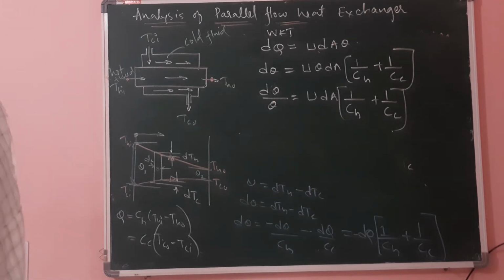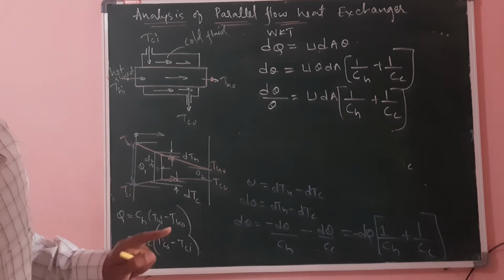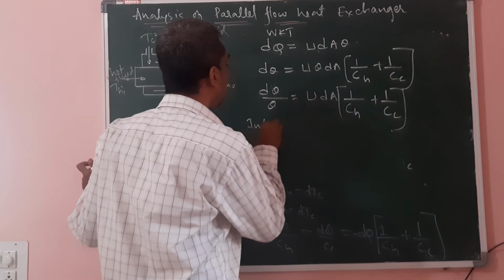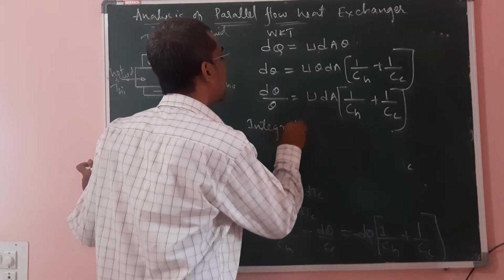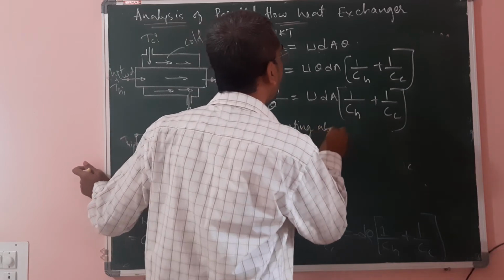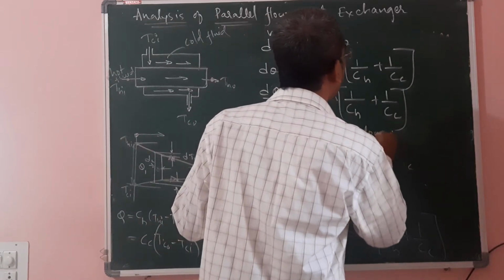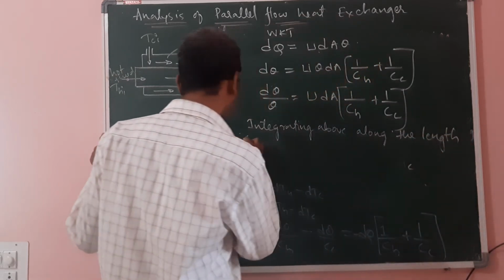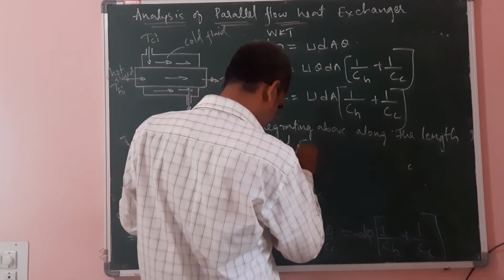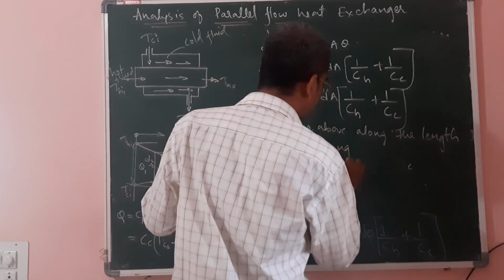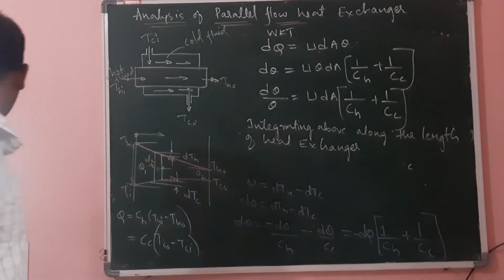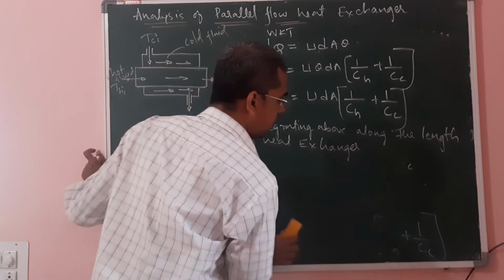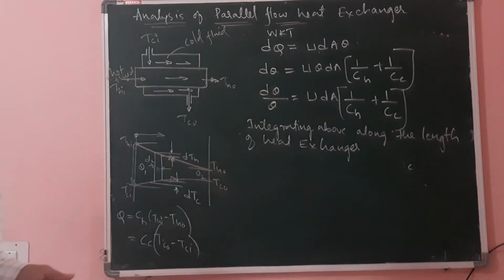If we integrate it along the length of the heat exchanger between inlet and outlet, from 0 to L, where L is the length of the heat exchanger.